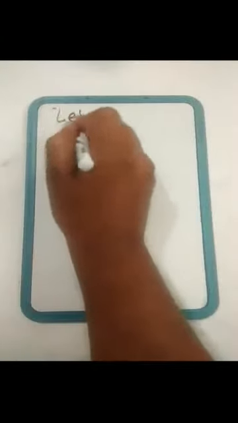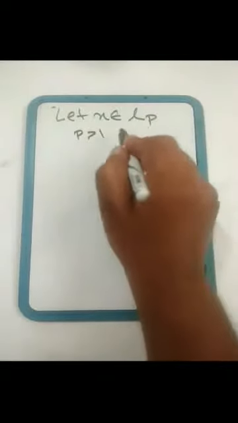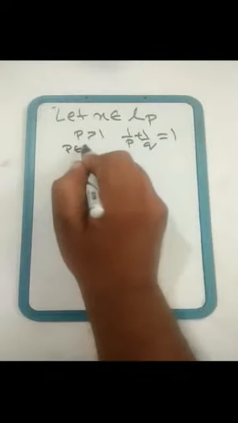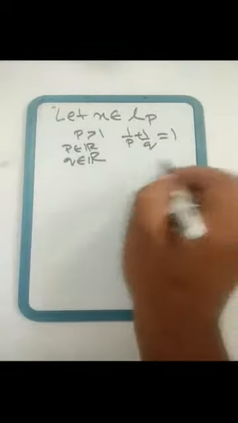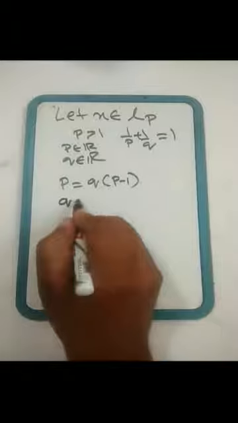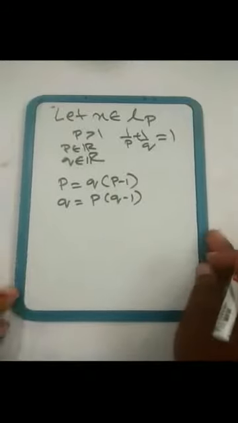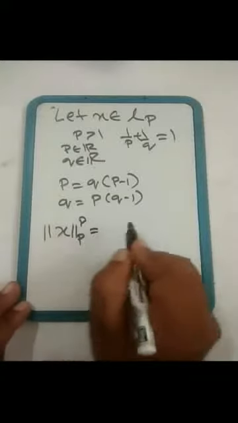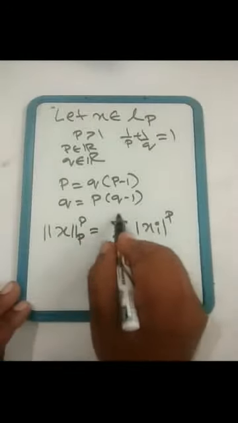Let x be in Lp. So from here, shifting on the right hand side, we get that p is equal to, q is equal to, and so on. What do we have is that the sum raised to p, i going from 1 to infinity.